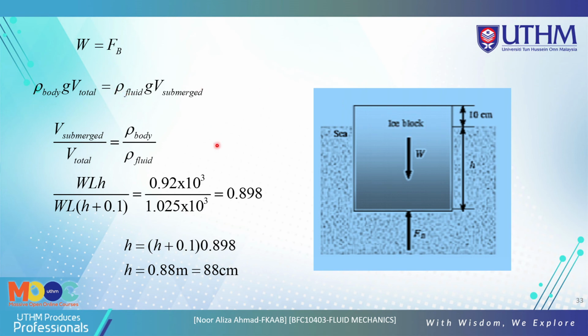Use this equation, where the submerged volume V is width times length times H, the volume for this block. Just put all the values in this equation until you get H is 88 centimeter or 0.88 meter.